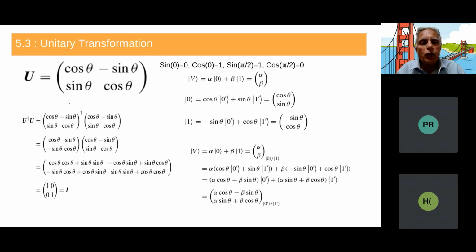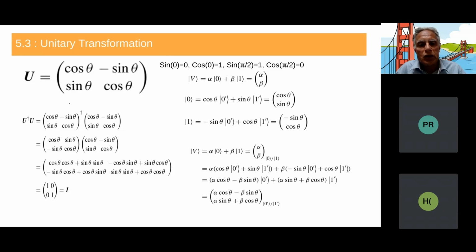So unitary transformation can be computed in terms of kets. As we said, if we have a vector v = alpha ket 0 plus beta ket 1, in terms of a column matrix it is alpha, beta. This can also be expressed in terms of trigonometry because we are taking projections.